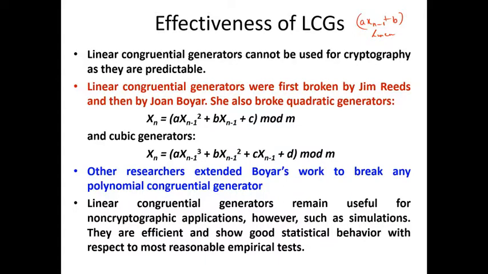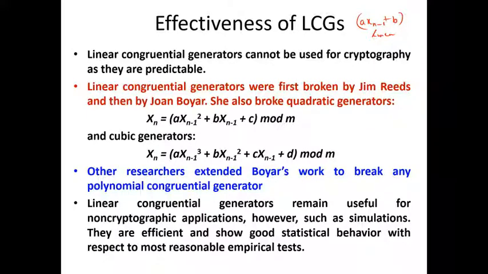So LCGs as such, they remain useful for non-cryptographic applications. They are not preferable with cryptographic application because they are highly predictable and they are easily breakable. People can break these LCGs very easily and you get predictable random numbers also.